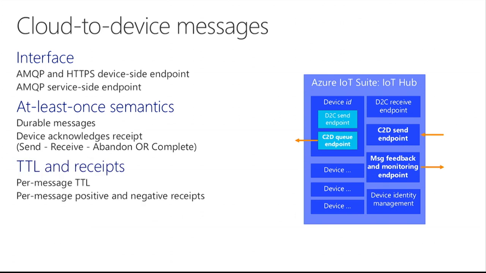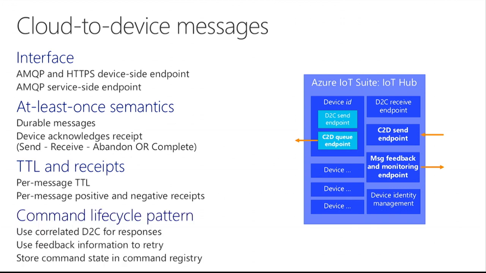These messages also have a time to live, and IoT Hub provides receipts for both the successful completion and the expiration of them. This allows you to code a very efficient retry logic in your backend.